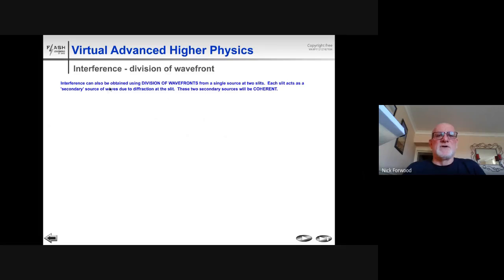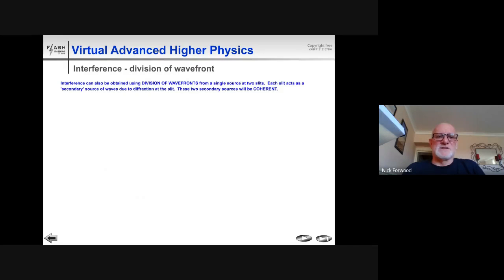Interference can also be obtained by division of wavefront, because we've already done the division of amplitude. Use the arrows here to go through step by step. And as you go step by step, you'll see more notes appearing, or you can jump right to the end and see the whole page in one go, or you can go back to the previous menu, and it looks like it is taking a bit of time to do that.